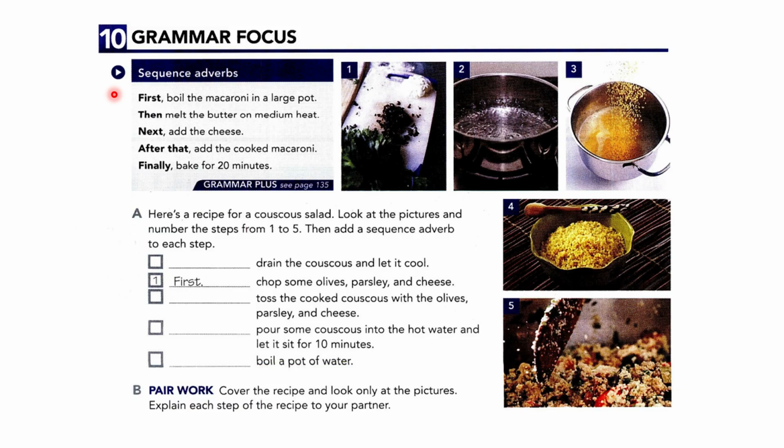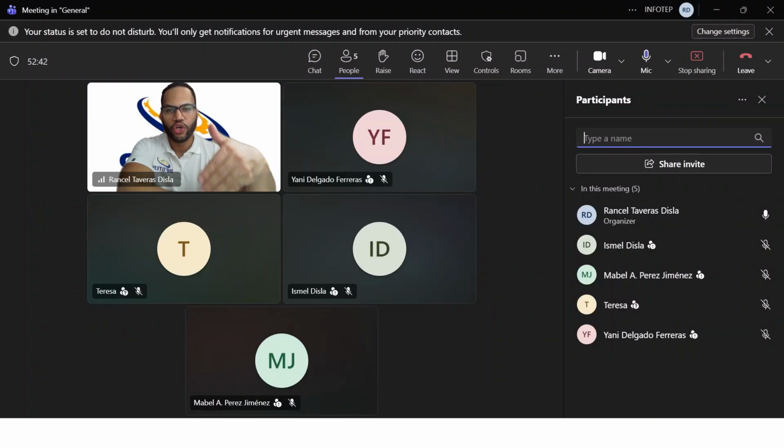Normally, when you are cooking, something comes first, right? Then something else. Then you add something else, and so on. So normally, when you're cooking, you have a set of steps that you have to do if you want your recipe to come out well, as it was intended or as you picture it.